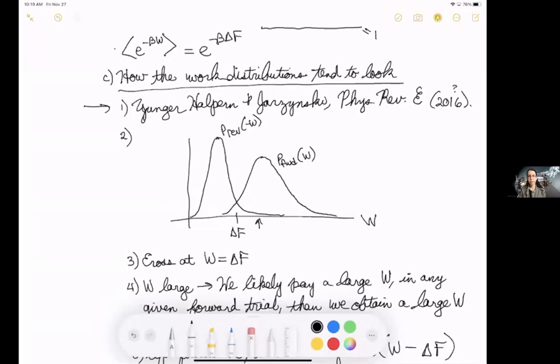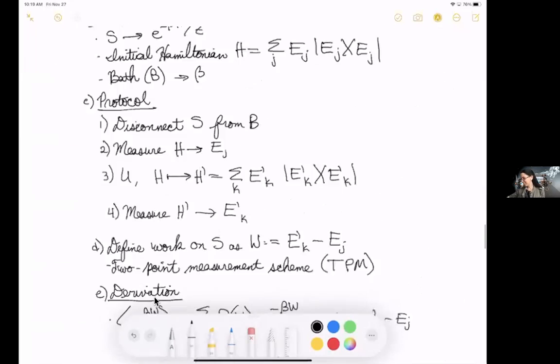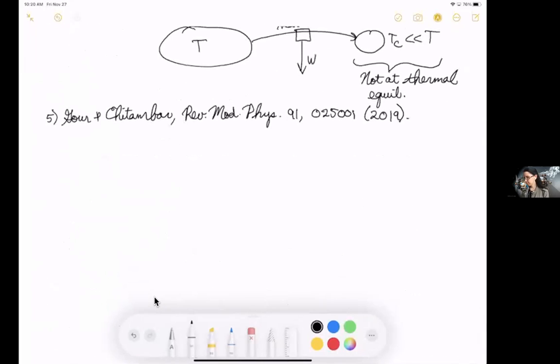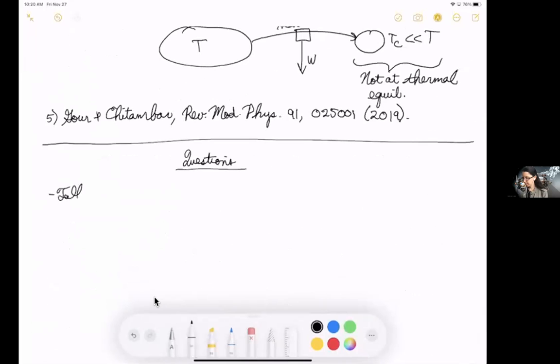There is a paper by Tochner, Lutz, and Hungy, which is very short but very important, in which they argue that the work is not an observable.